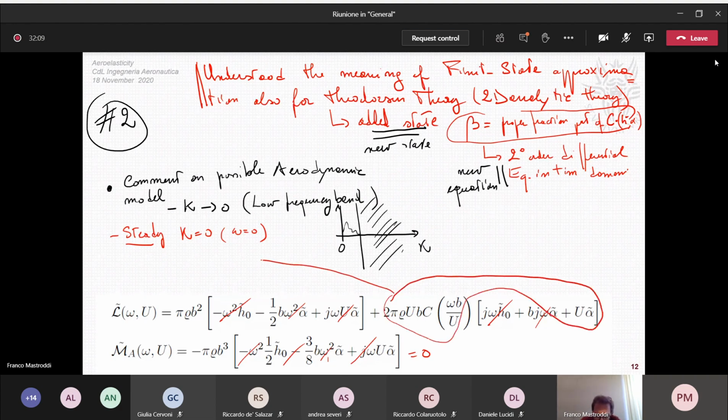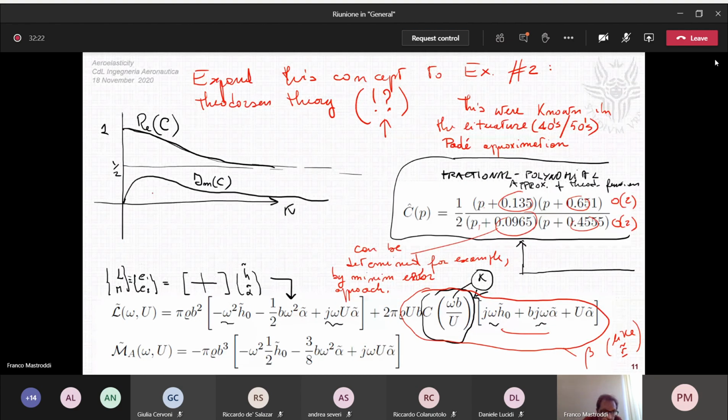The only surviving term is this, and L steady means that the Theodorsen function C, as I told you, for omega equal to 0, gives you 1 as real part and 0 as imaginary part for zero frequency.